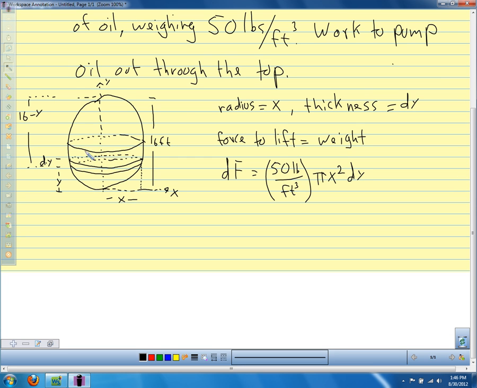At the surface of the oil, right in the center, it's half full of oil. At the surface, we have a circle. Its radius is 8, and the center is at (0, 8).